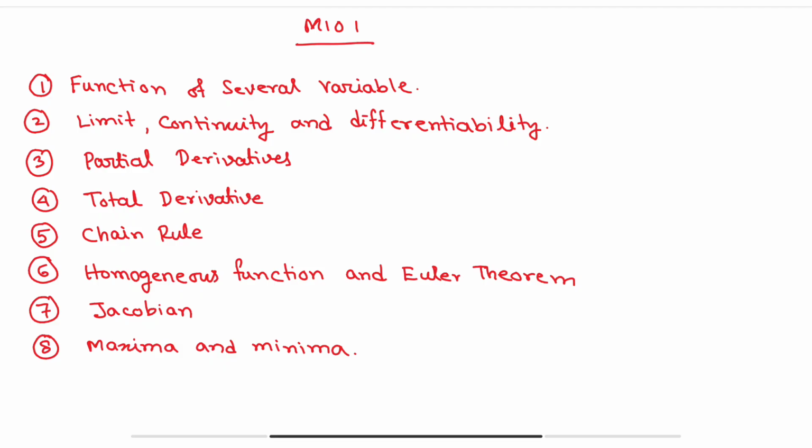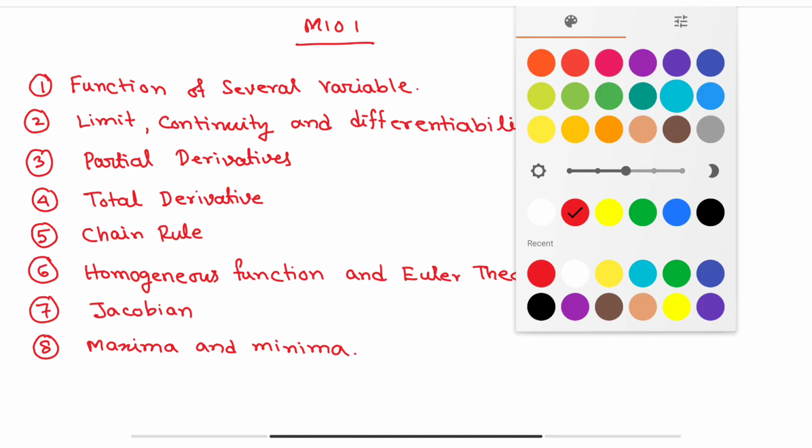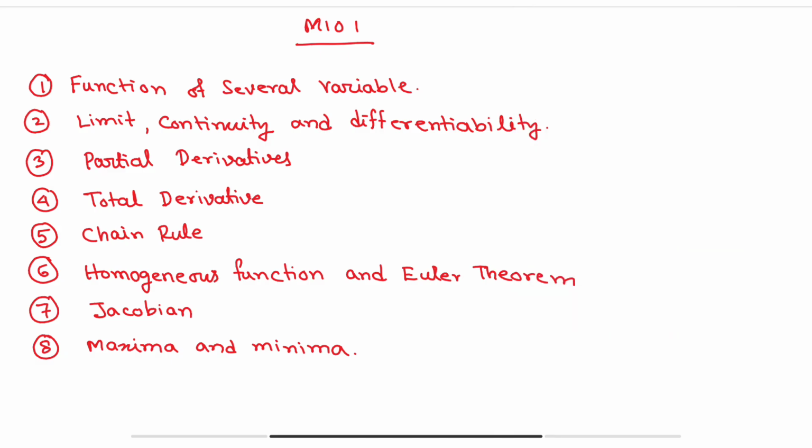Okay, and today's lecture I will complete these two concepts. First one is function of several variable, and second one is limit, continuity and differentiability. Obviously these two topics are important, but this is not important for your semester examination. Most probably you will get at most 1 or 2 questions from this limit, continuity and differentiability.